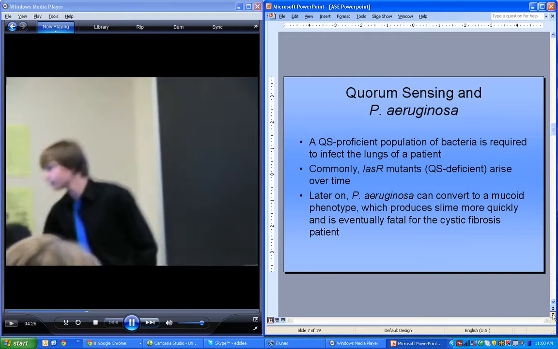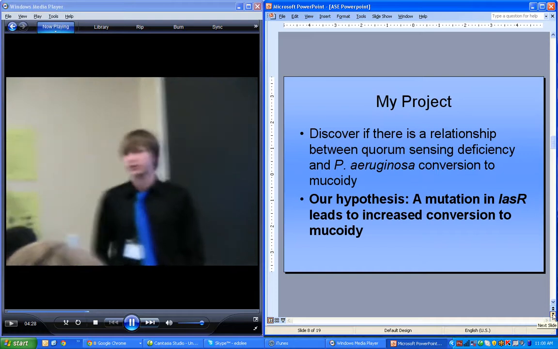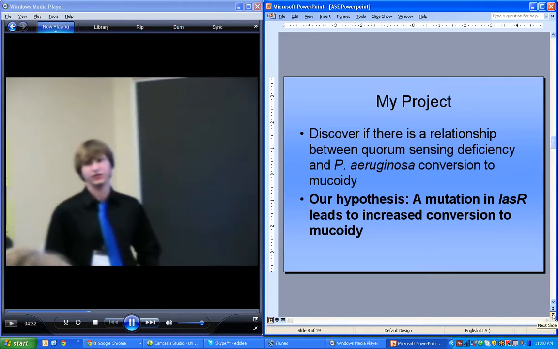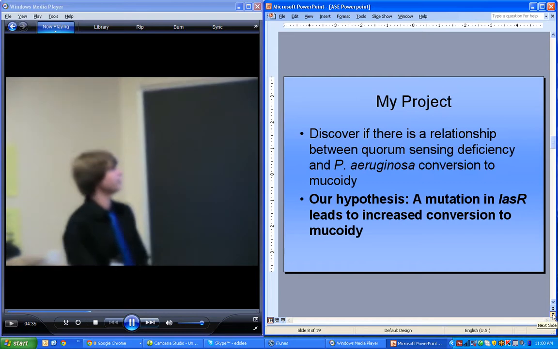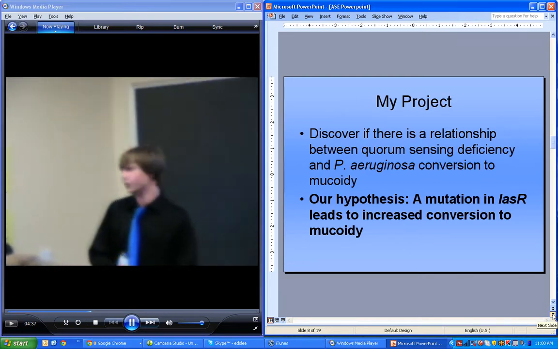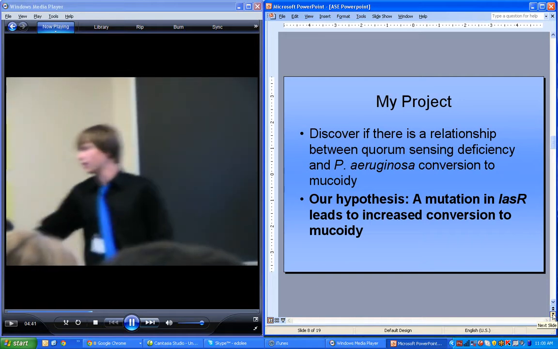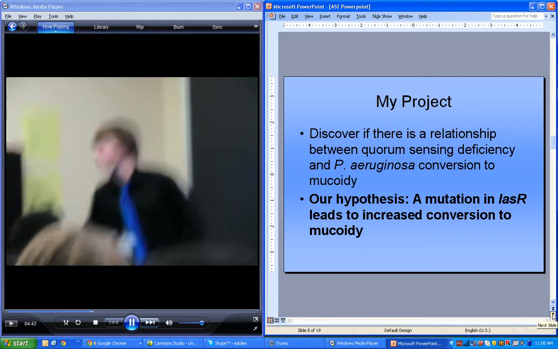Very bad prognosis. And my project is basically to discover if there's a relationship between quorum-sensing deficiency in Pseudomonas aeruginosa and their conversion to mucoid. My hypothesis is that there is a relation because of some of the following discoveries.